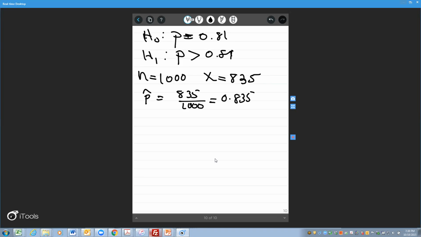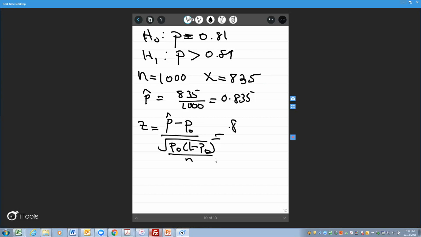Our test statistic z is p hat minus p naught over the square root of p naught times 1 minus p naught over n.